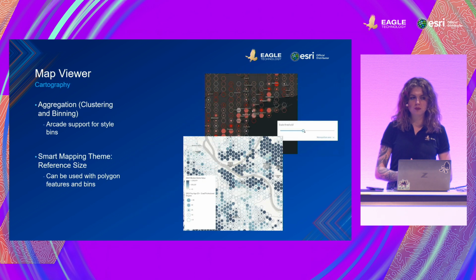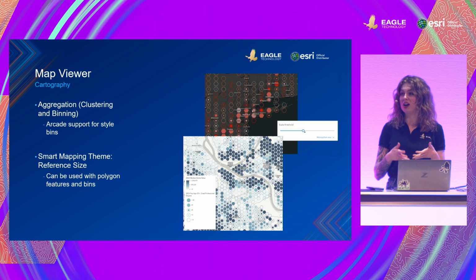And then we get to the symbols that we're using to explain the message in our map. There are always updates to cartography, and with this we have a little bit more options for aggregation, which is a common way that we summarize our data when there's a lot of it, and we need it to be a little bit cleaner when we're zooming in and out of the map.